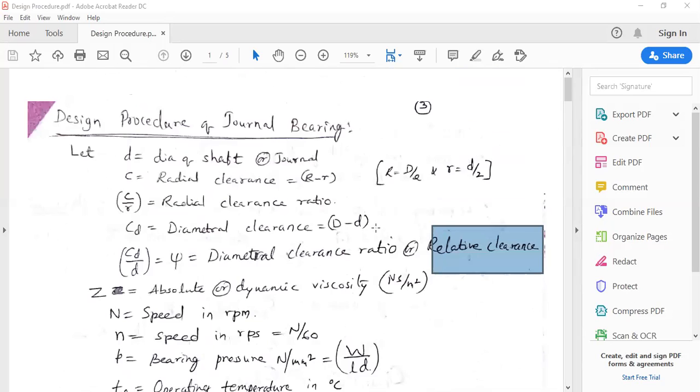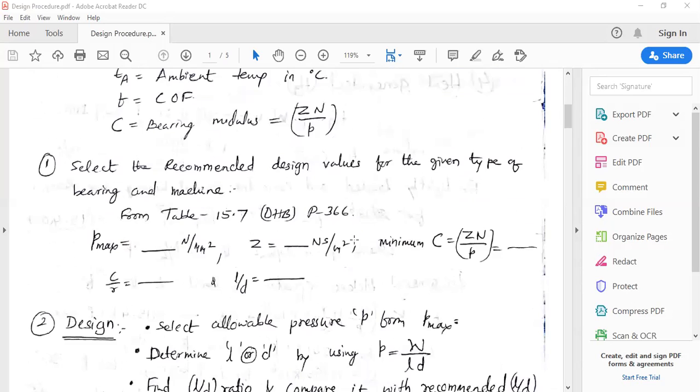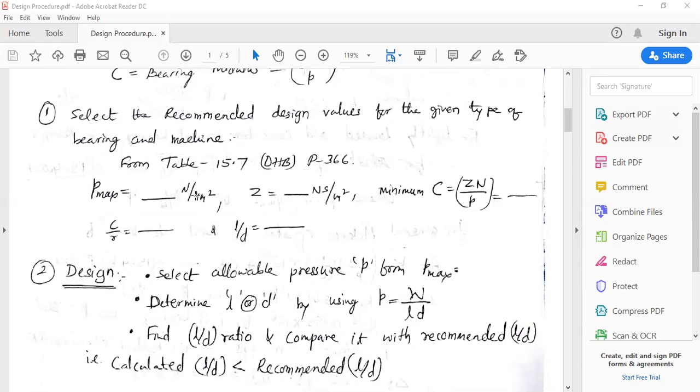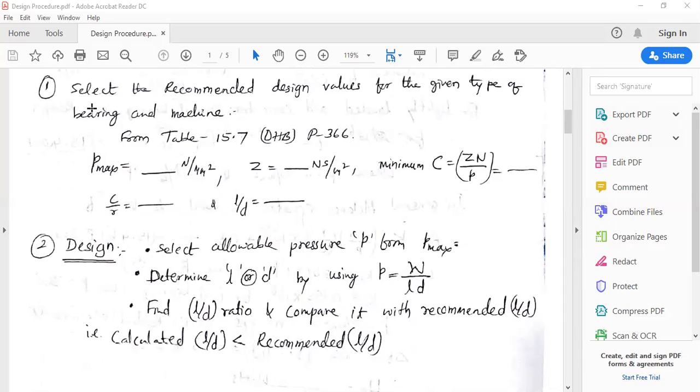With these notations, we proceed with the design procedure that we have to follow here. The very first step is to note down the recommended values. For example, the bearing to be designed may be a main bearing, a wrist pin bearing, or a crank pin bearing.